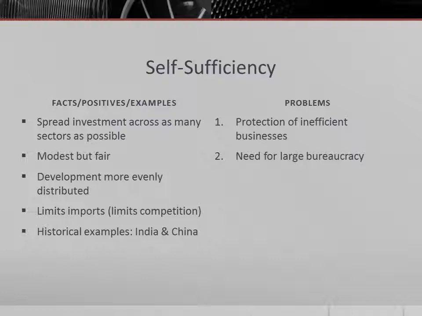So trying to improve everything across the board. Now, because the investment is spread out and isn't as targeted, the growth is not going to be very rapid. It's going to be modest, but it's going to be distributed across multiple sectors, so it's going to end up being a little bit more even.